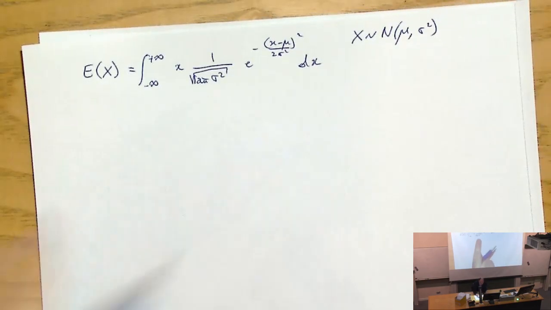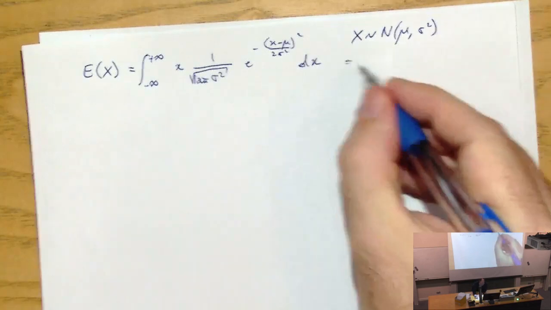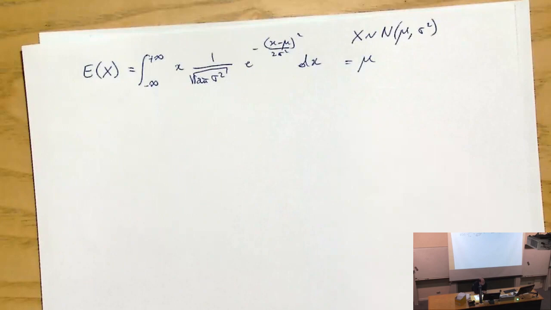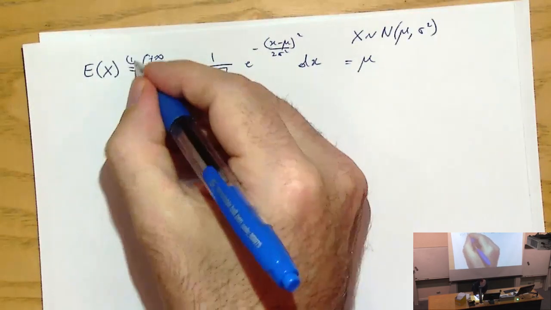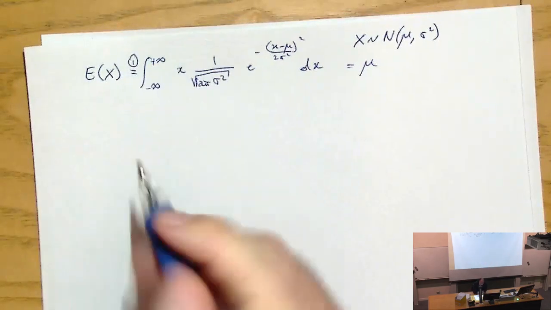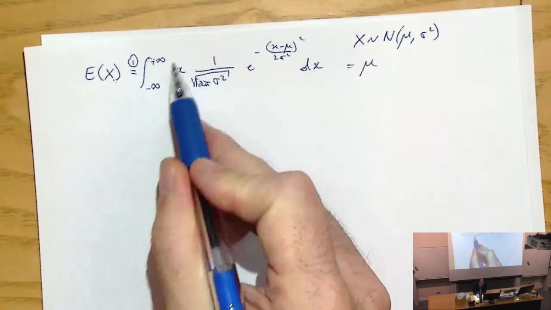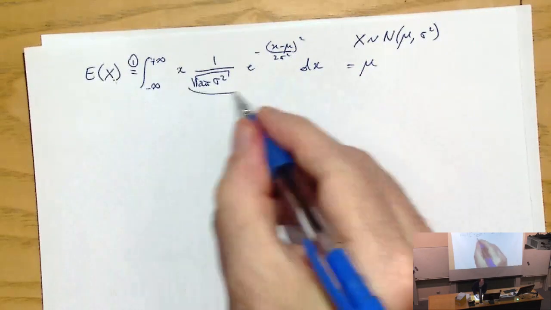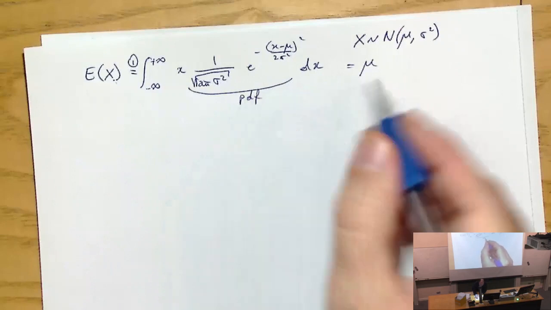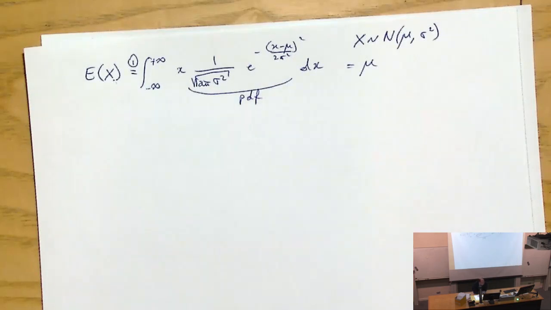And you can compute that. It's a lengthy process, but you're going to get mu. Right? So this is the first way of computing this expectation. You take the definition, the expectation of x is the integral of x multiplied by its PDF, and you compute that integral.